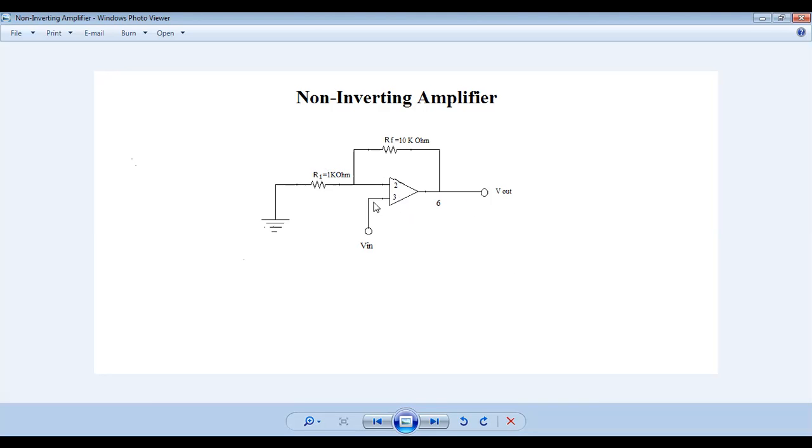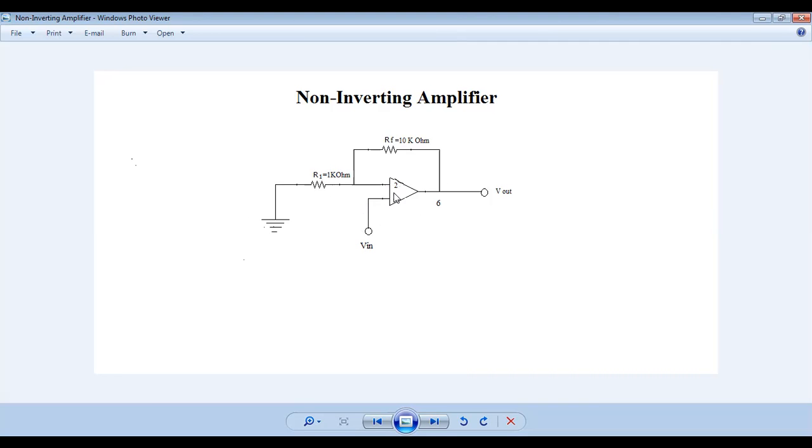So if we want to use the operational amplifier in inverting mode, we use pin number two, and if we want to use it in non-inverting mode, we use the third number pin. As the circuit diagram shows, to operate the operational amplifier in non-inverting mode, we use the third number pin.